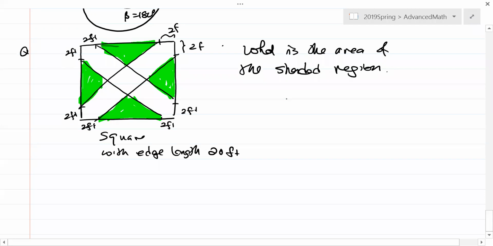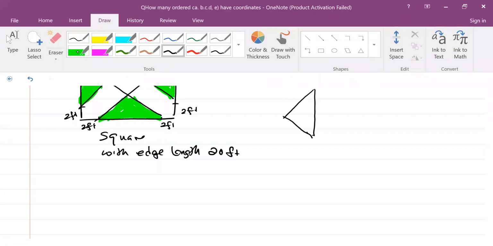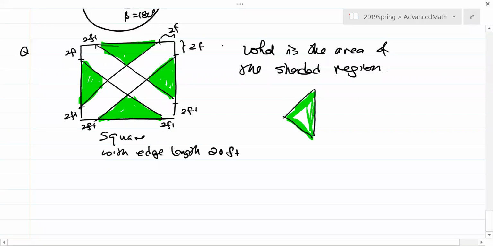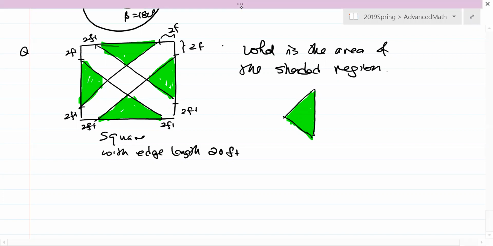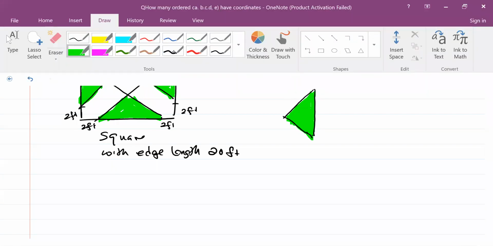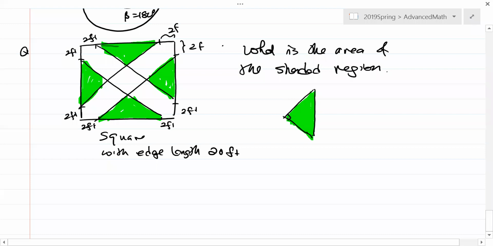Another shortcut is you have to figure out this right triangle. This is another best way. You multiply by 4. This will be the right triangle, and this side is going to be 20 minus 2 minus 2, which is 16.